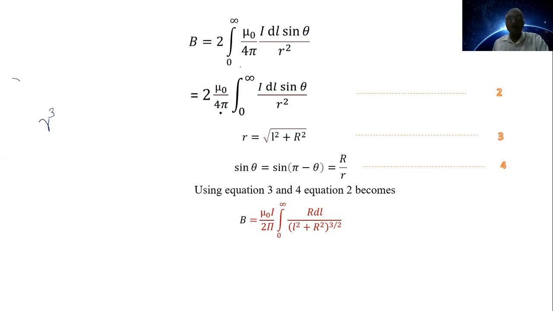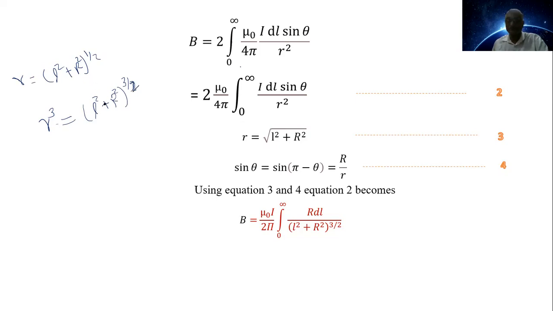We know that R is equal to under root of L square plus r square, which can be written as R equals (L square plus r square) raised to half. That's why R cube is equal to (L square plus r square) raised to 3 by 2.